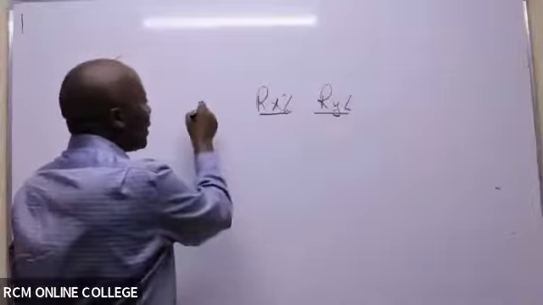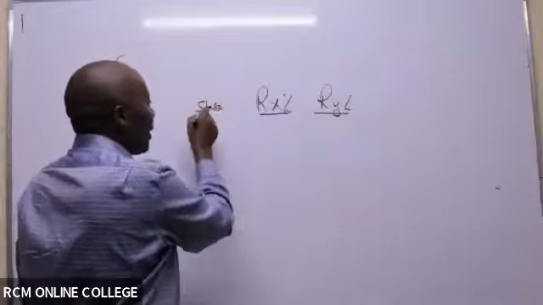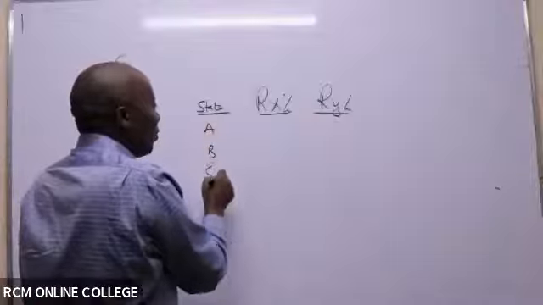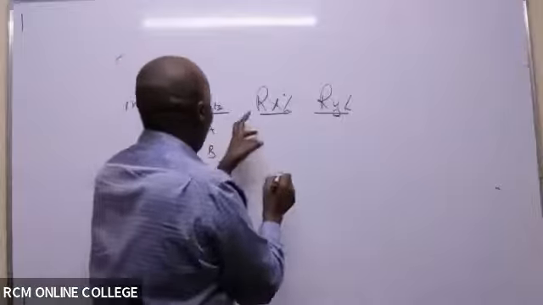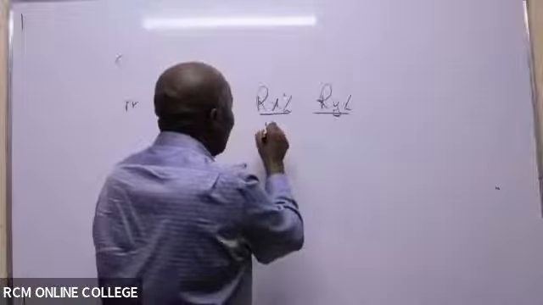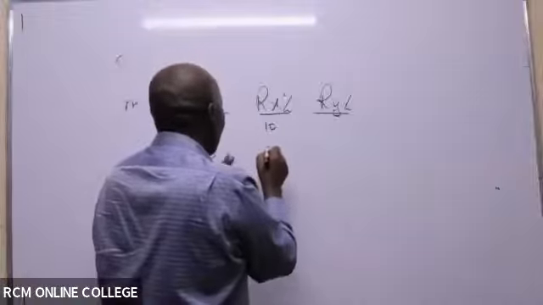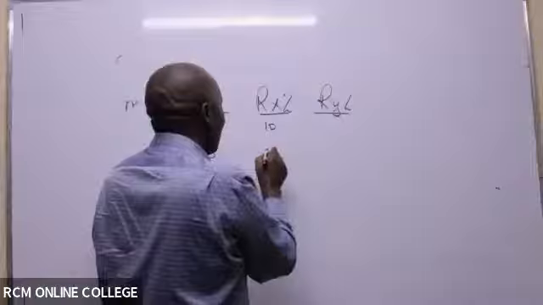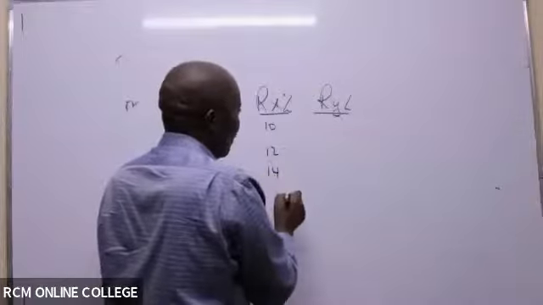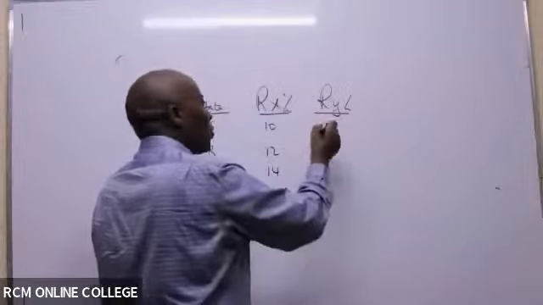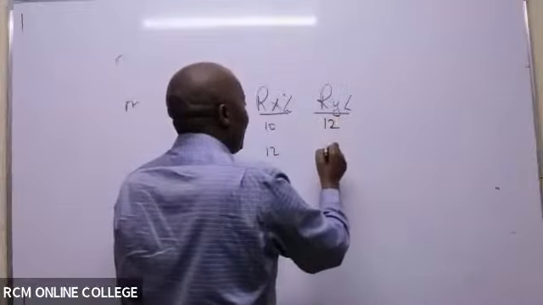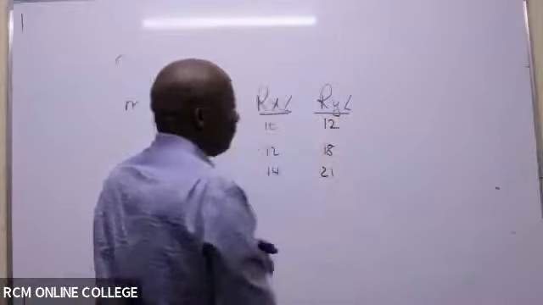And then we'll be given states of the economy. The economy can dance anyway, so A, B, C, for example. If A prevails, then X gives us 10. If B prevails, then X gives us, for example, 12. This one is 14. For Y, it could be quite close: 12, maybe 18, maybe 21.